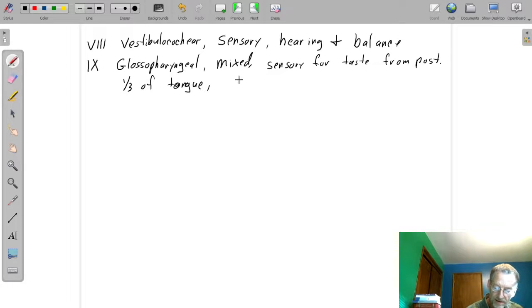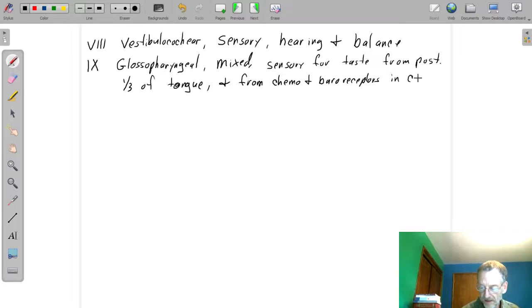And let's say also sensory for taste buds from posterior 1/3 tongue, and let's say from chemo and baroreceptors in the carotid sinus. We're not going to deal with that much at all. We already did it.